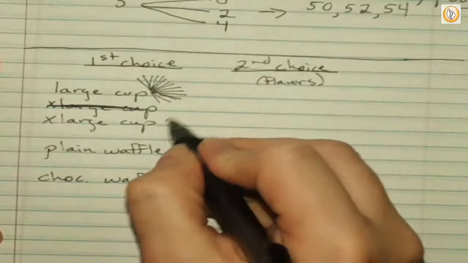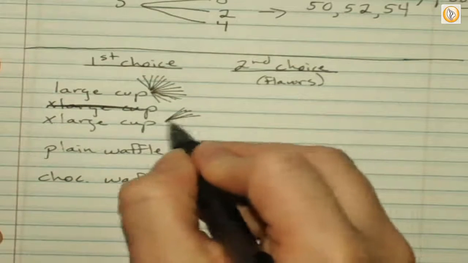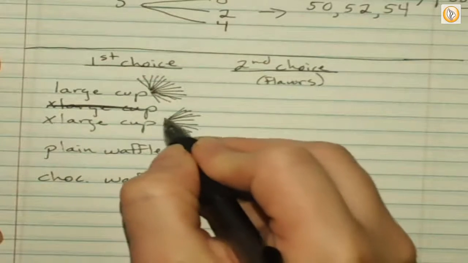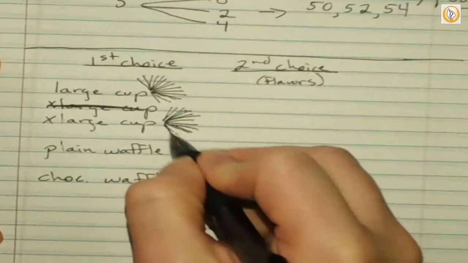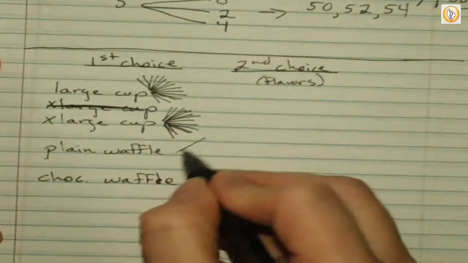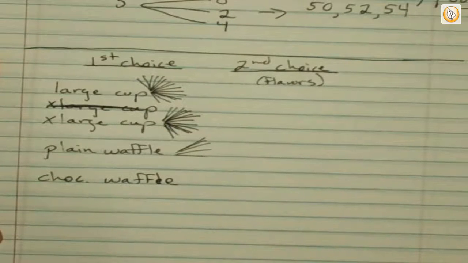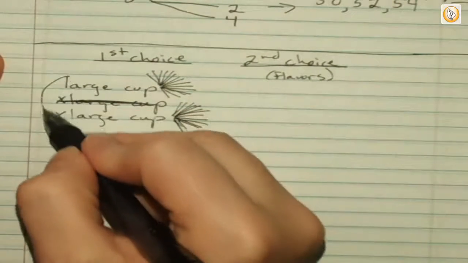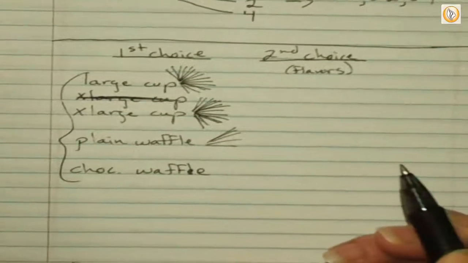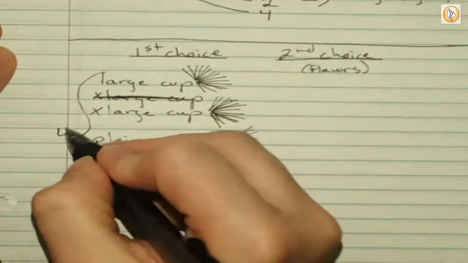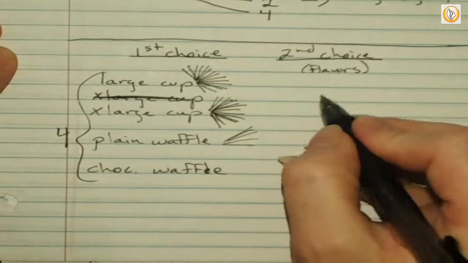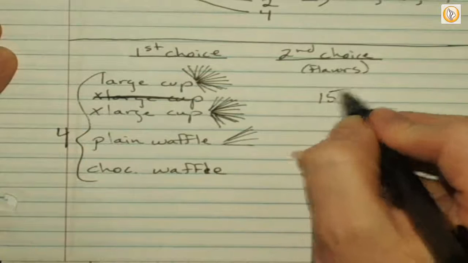Same thing here, right? That would be a lot to do, right? Instead, how many choices did we have here? 4. There's 15 flavors as choices.